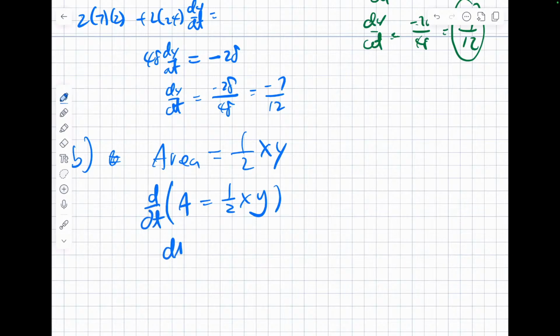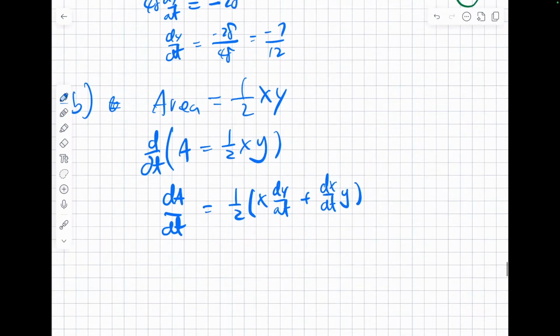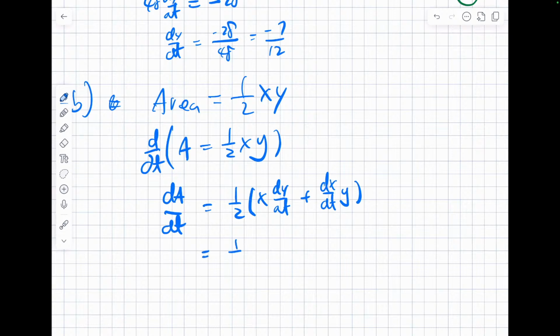That's okay. dA/dt is equal to 1/2. Well, now what? Product rule. x dy/dt plus dx/dt times y. Is that okay? I'll just plug in everything.